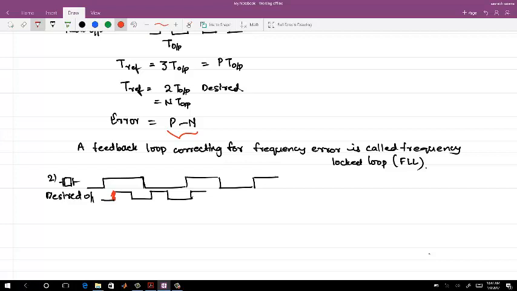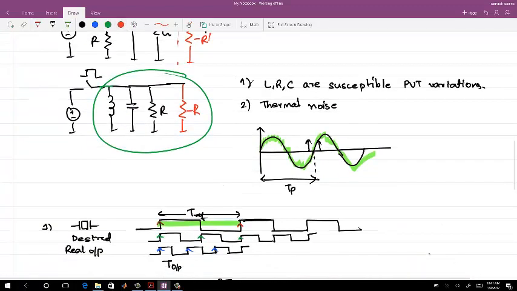It may not come at the exact time instant, because as we have seen here, you have an overriding noise on the output. An overriding noise on the output will change the transition edge. So in a given amount of time, you will still have the same number of periods. But if you look at absolute terms, it can vary.